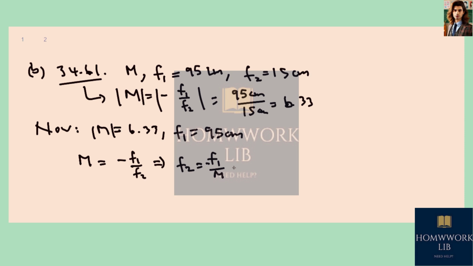And let's just take the absolute value here. So then the magnitude of f2 is now 95 centimeters divided by m, which is 6.33.